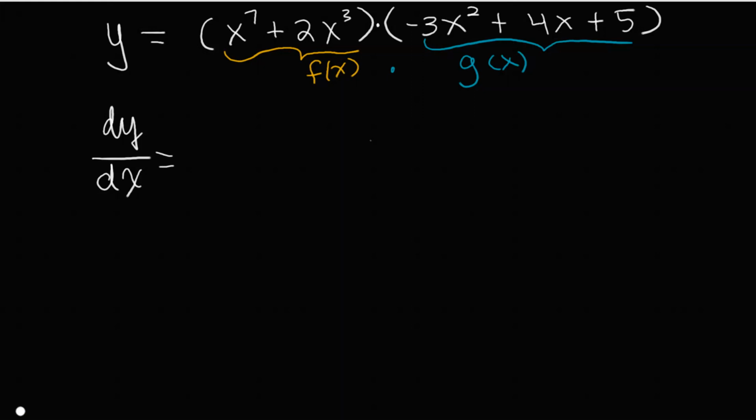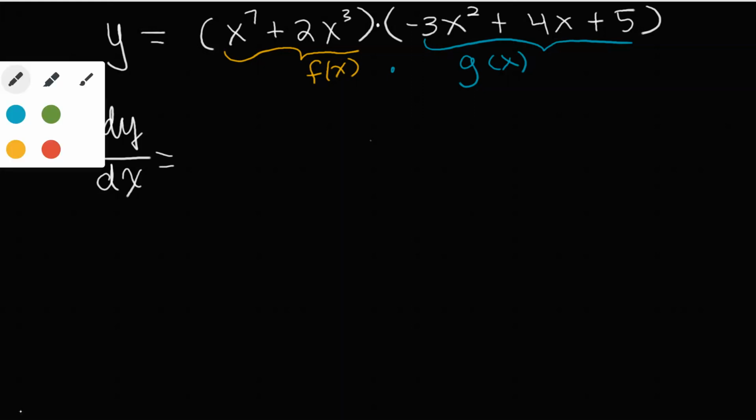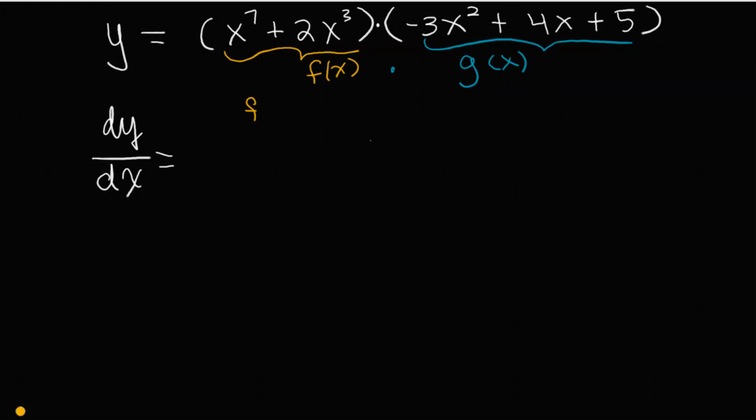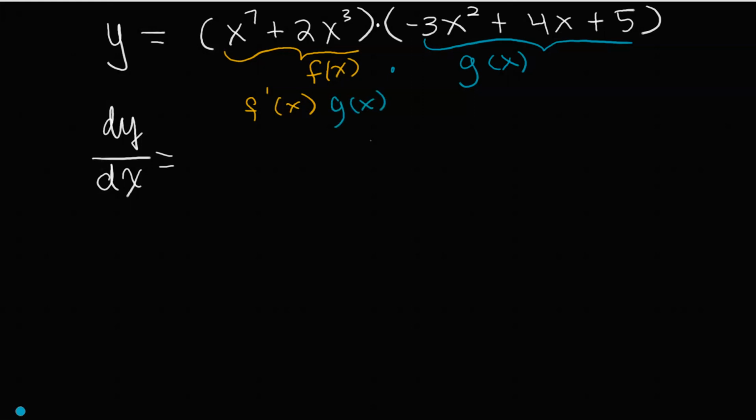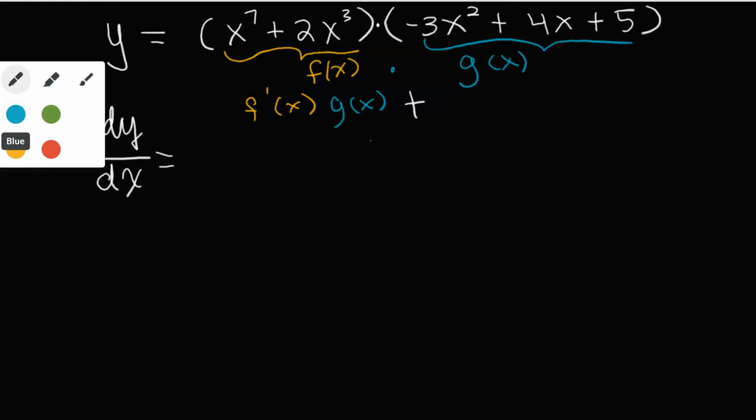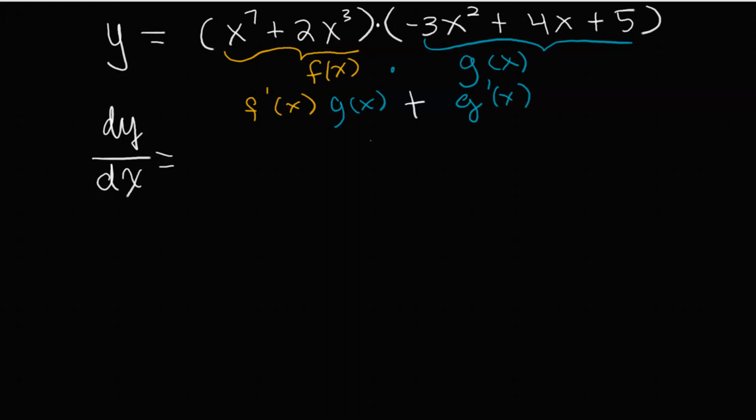So according to the product rule, it would be the derivative of f of x times g of x plus the derivative of g of x times f of x. Okay, that is the derivative of the first times the second function plus the derivative of the second function multiplied by the first. That's the product rule. Okay, and we're going to go ahead and apply that.